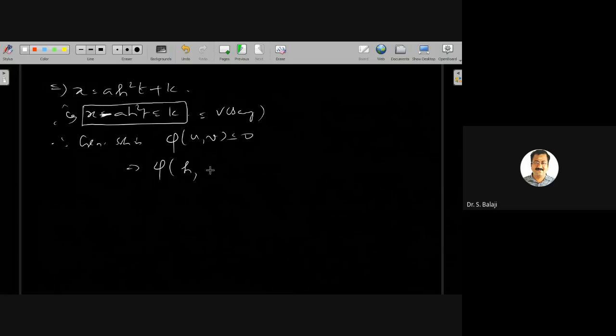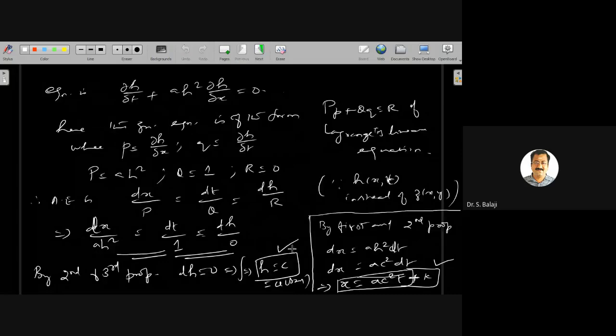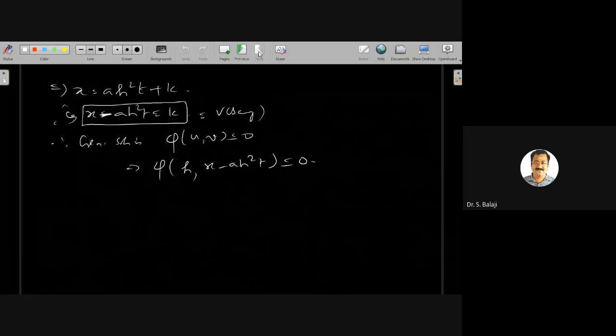Here h is equal to c is the first one, and another one is x minus a h square t is equal to k. Or otherwise you can write it as h is equal to a function of x minus a h square t. These two constitute a solution.